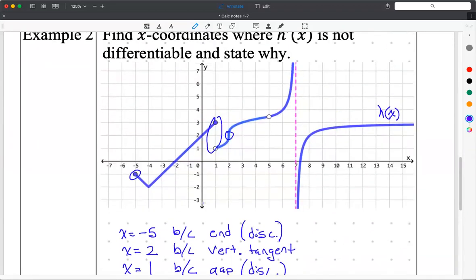Give me another one, someone. There's at least 3 more. I want to hear from either Teflon or Andrea. Could it be x equals 8? x equals 8 right here. Why?